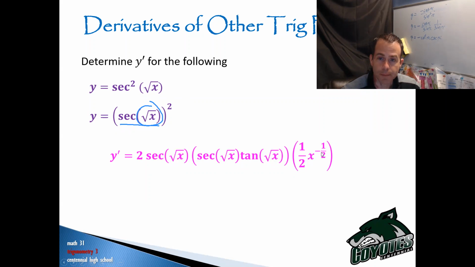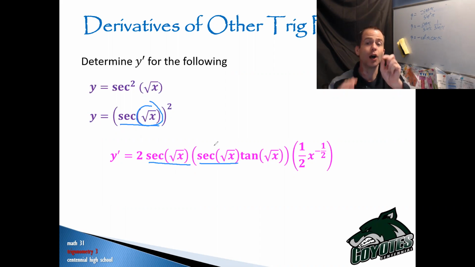Now, to clean this up, you have to be super careful. For instance, I am multiplying secant root x times secant root x here, so I can call these secant squared of root x. An x times an x is an x squared, and a secant times a secant is a secant squared. But you have to be careful before you do that that it is actually two of the same trigonometric function. In other cases you might see secant of tan root x, which is something very different.